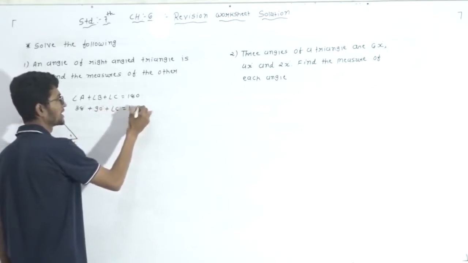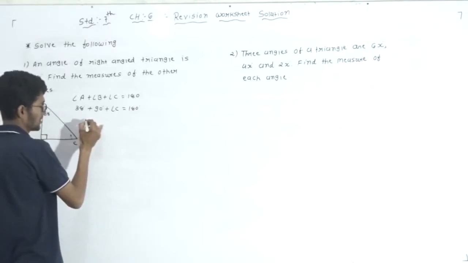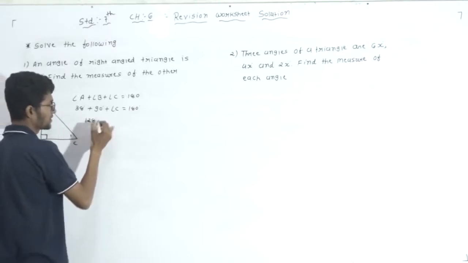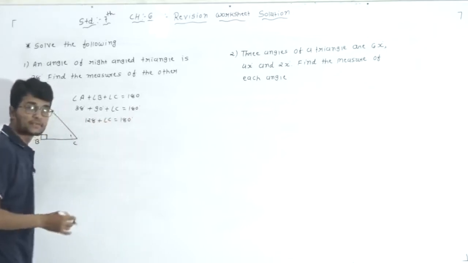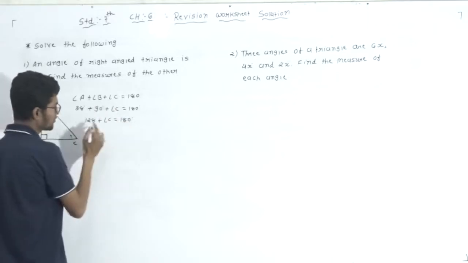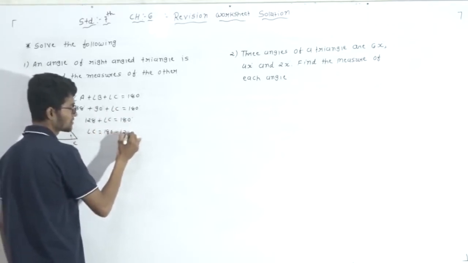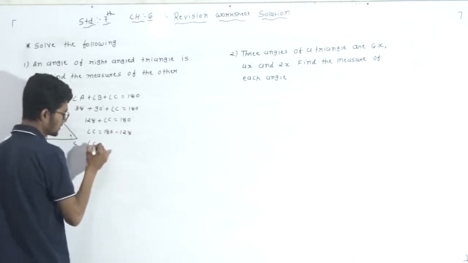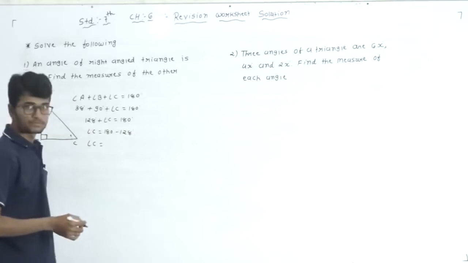This means 180. Now 90 plus 38 is 128, plus angle C is equal to 180. Now 128 on this side, so angle C is equal to 180 minus 128.